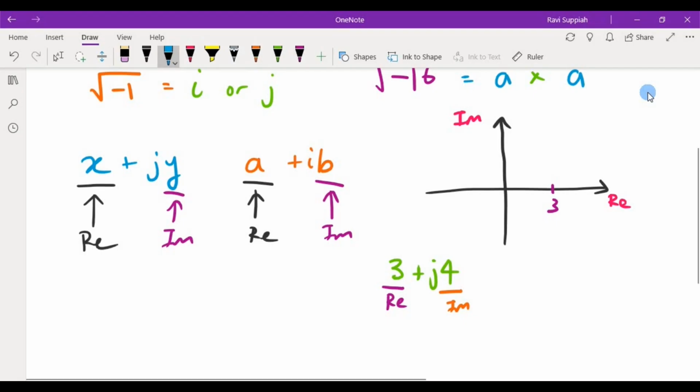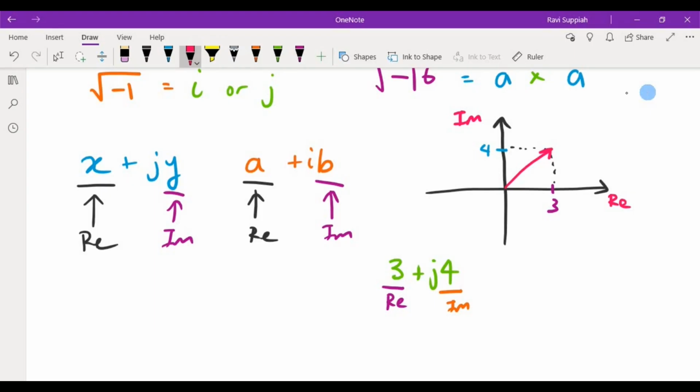So on the y-axis, which is imaginary, I look for the value 4. The point where they both meet, I can draw a vector to that point, and that represents this complex number, 3 plus j4.